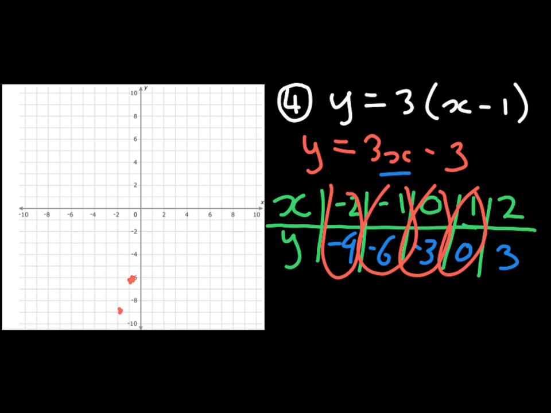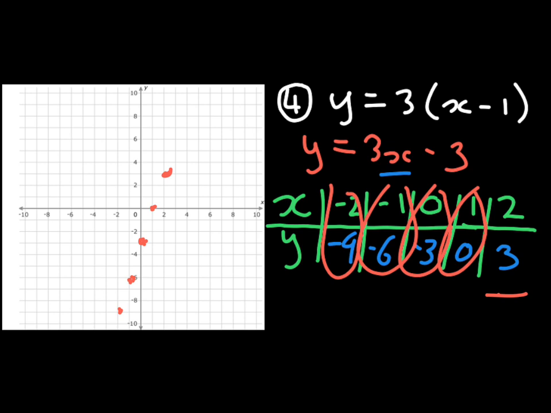Next we have 0 and -3, so x is equal to 0 and y is equal to -3. Next we have the point 1 and 0, so x equals 1 and y equals 0, so that'll be over there. And lastly, we have the point 2 and 3. So x is 2 and y is 3, and that would be over there.